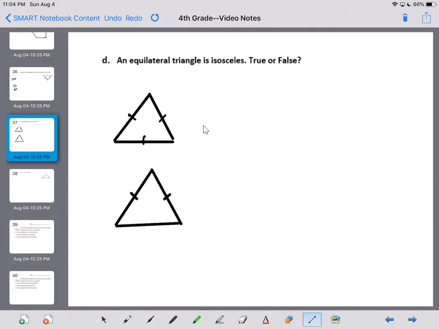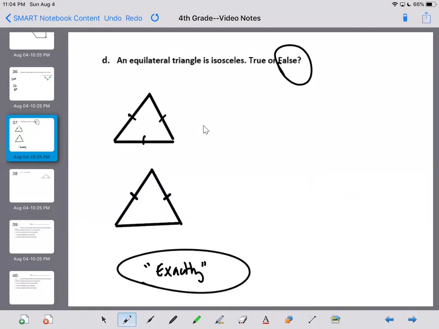So you may have to look at the word, exactly. So when we're saying exactly, an isosceles triangle has exactly 2 line segments that are the same. And an equilateral triangle would have exactly 3 line segments that are the same. So with the wording, we'd have to say false if we're looking at using the word exactly.